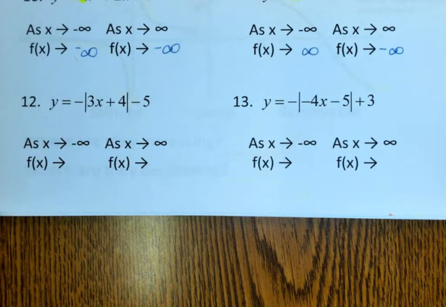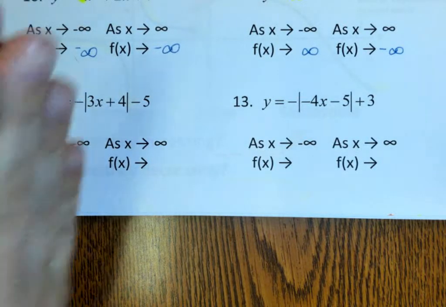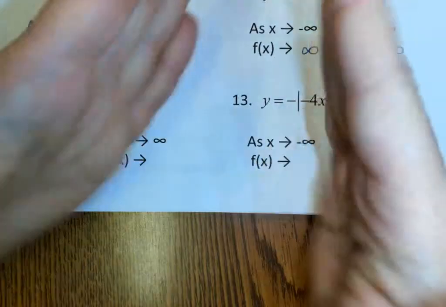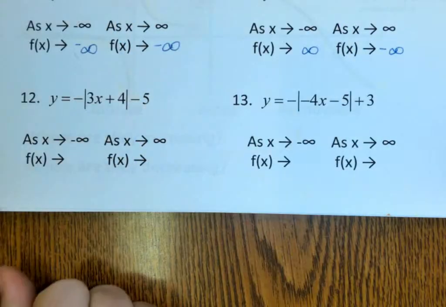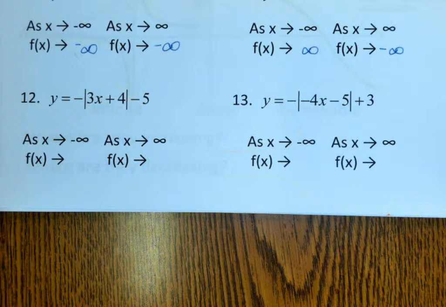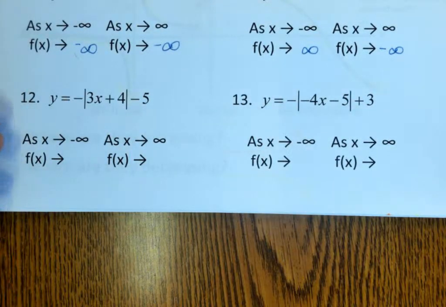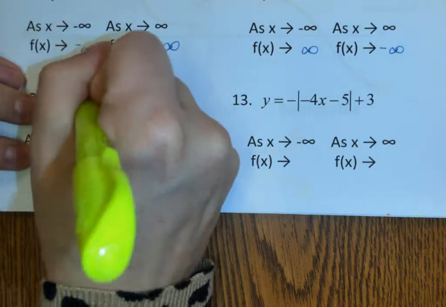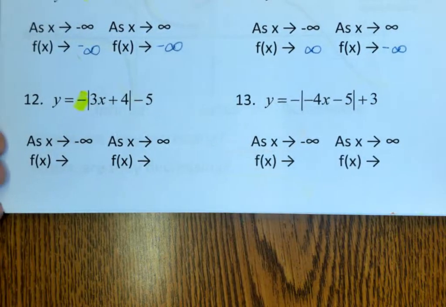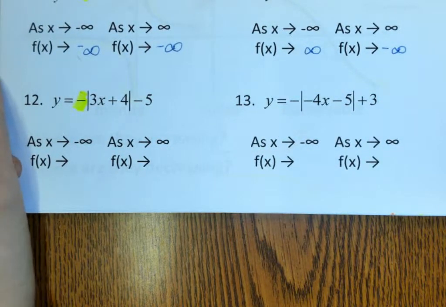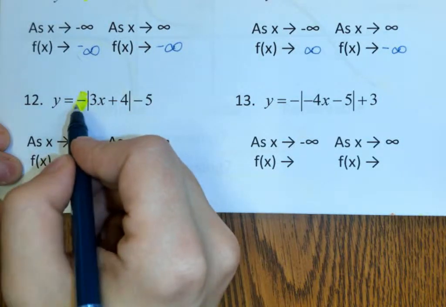Absolute values. What does an absolute value graph look like? It is a V. It either goes up or it goes down, but it is a V. Okay? So when we're talking about doing this with an absolute value problem, really it's not about your highest power on x. It's the sign in front of that guy. So an absolute value with a negative in front is going to do what?